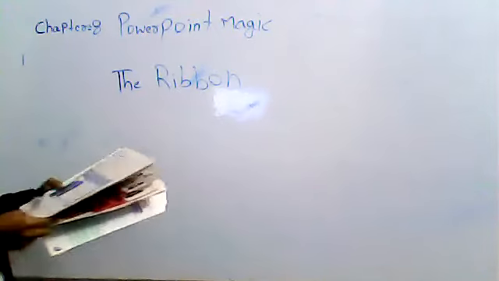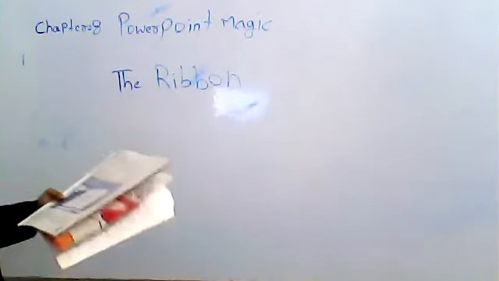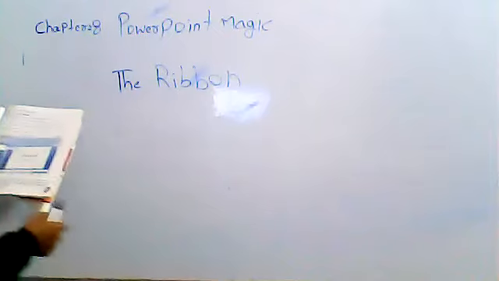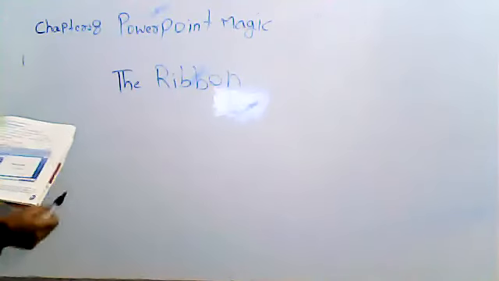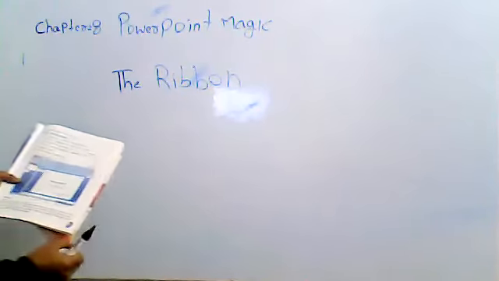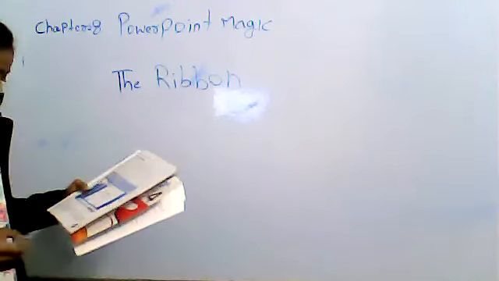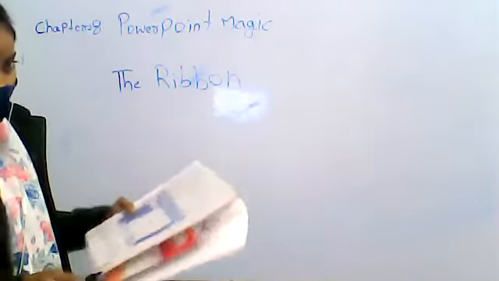Commonly used features are displayed on the ribbon in groups like the font group, paragraph group, and so on. We can view additional features within each group by clicking the arrow at the bottom right corner of each group.